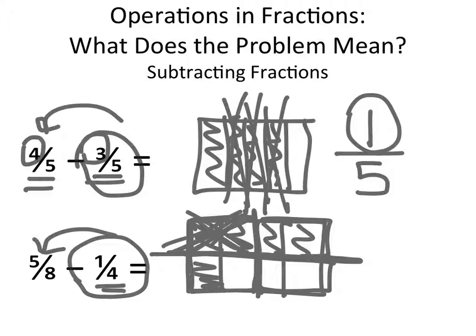I'm left with 1, 2, 3 pieces that are shaded out of 8 pieces total. Because to find the total pieces, I have to make sure that my pieces are all the same size. 1, 2, 3, 4, 5, 6, 7, 8. There were 8 pieces in the whole. So 5/8 take away 1/4 is 3/8. Students can see it from the picture.